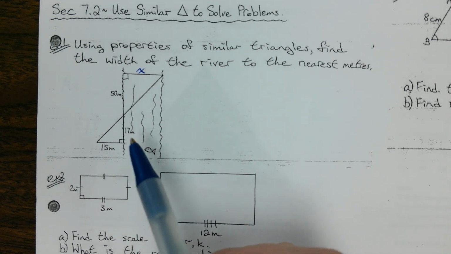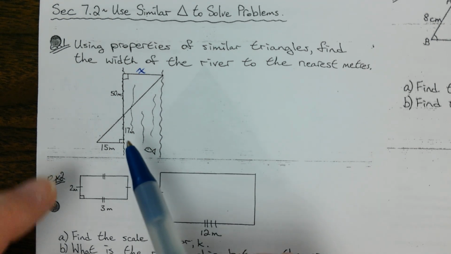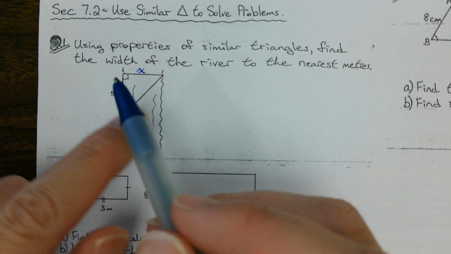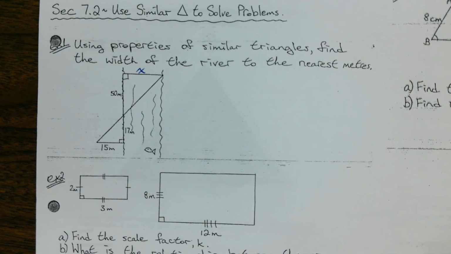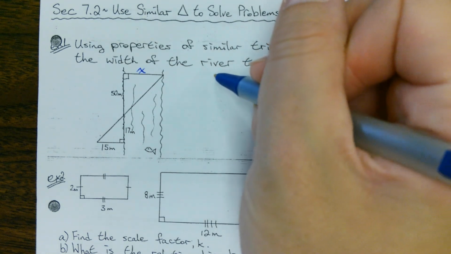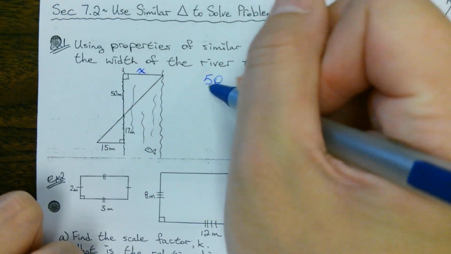Okay. So now if you rotate this triangle to match up with this, what do I compare with? It will be 50 over what?